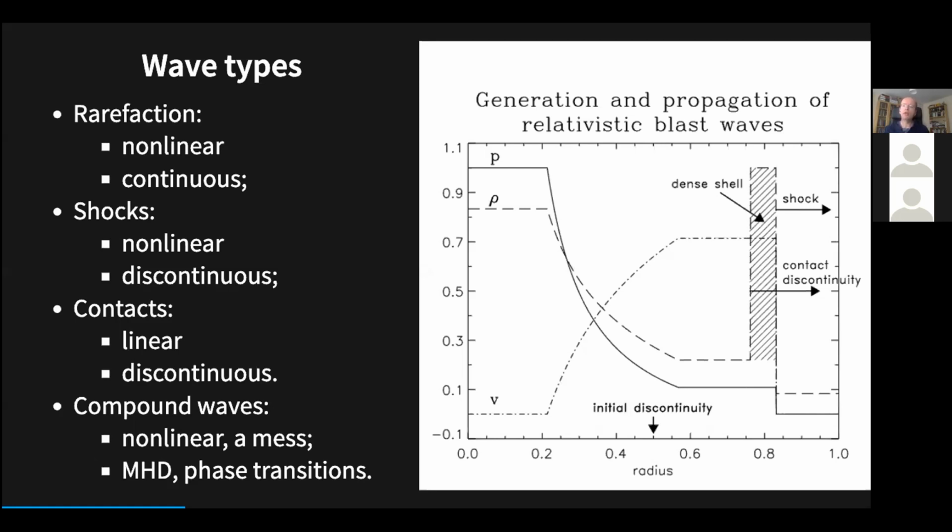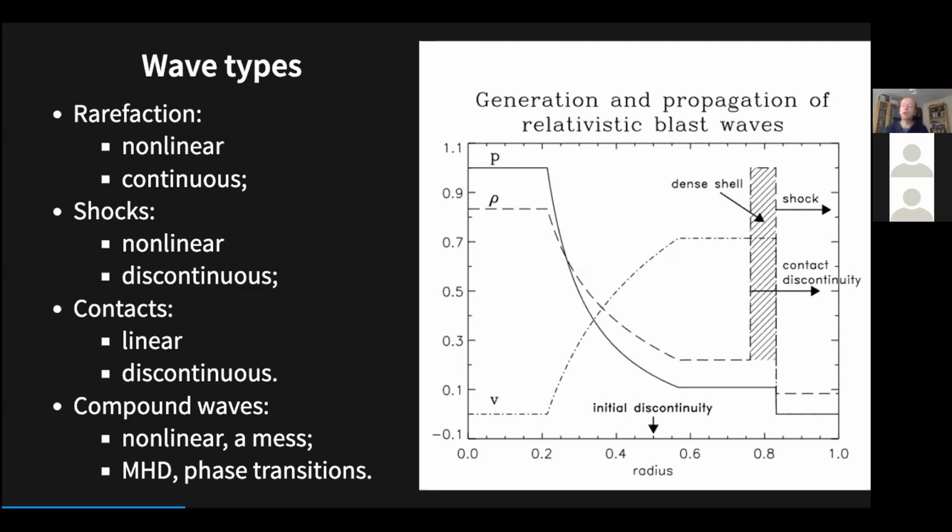The second type of behavior is on the right of the picture. And this is what happens when the characteristics focus. Now, we saw this yesterday when we were discussing Burgers' equation, when we saw the characteristics focusing in from smooth initial data, and they then broke and formed a shock. This is a shock propagating based on discontinuous initial data, but it is occurring because the characteristics are focusing.